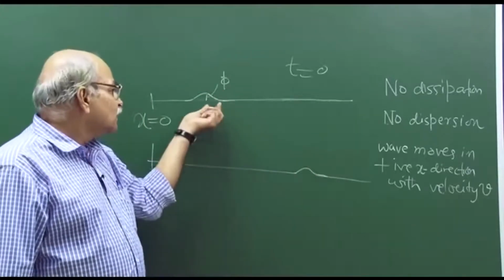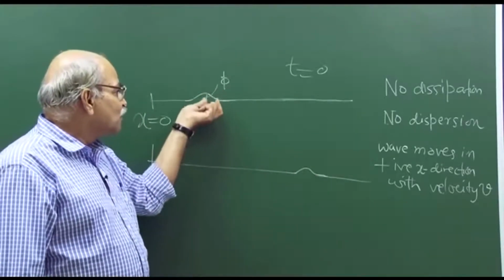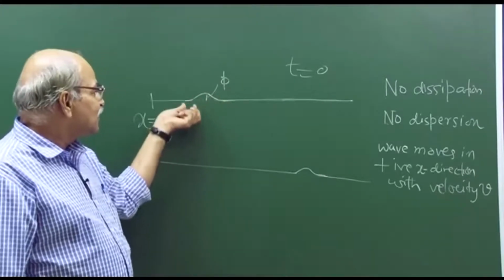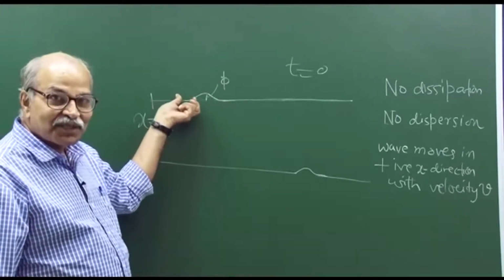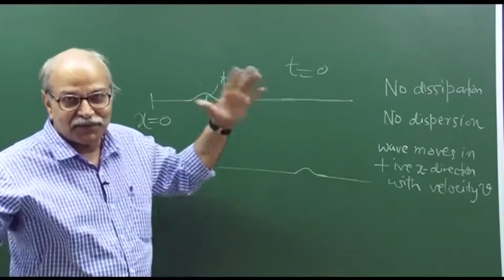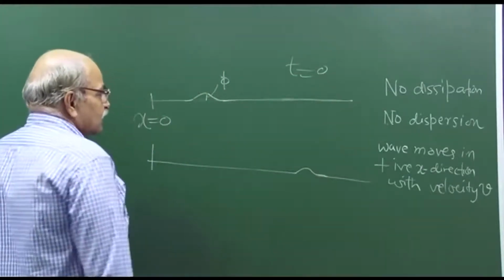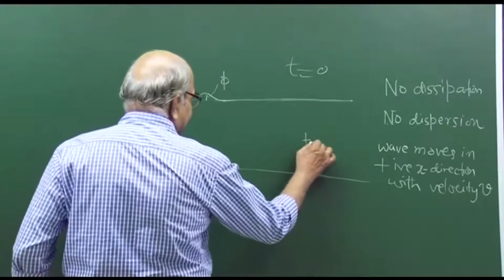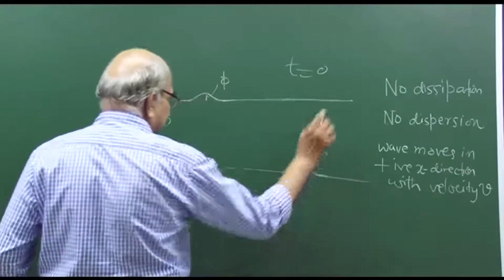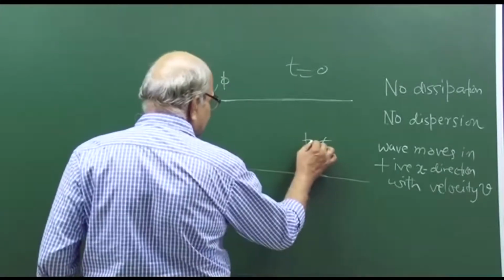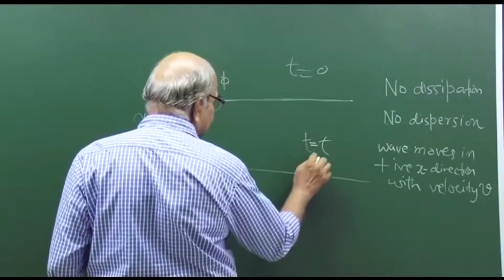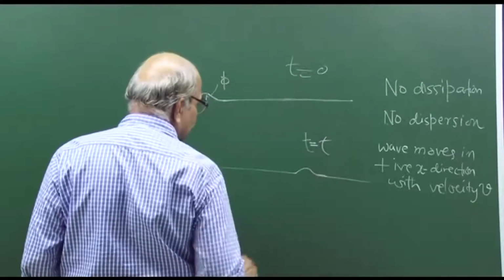If the front portion moves with a higher speed and the rear portion moves with a smaller speed, then you will have change in shape and all those things, which we call dispersion. Let us say this is time t equal to t. Okay, so this is time t and this is time 0.